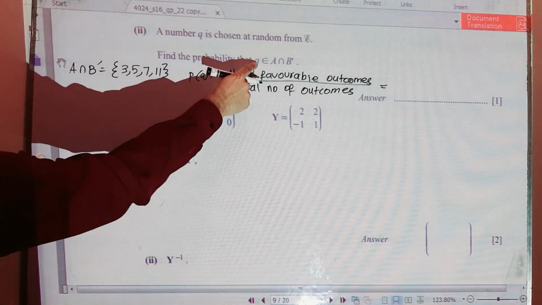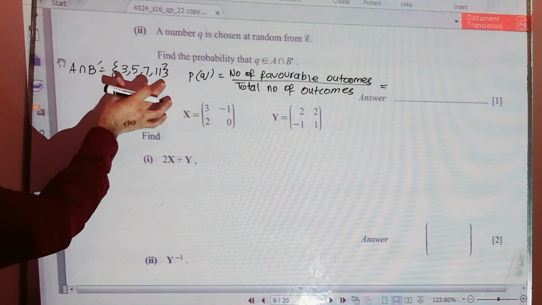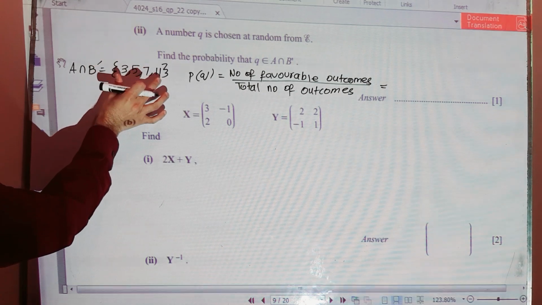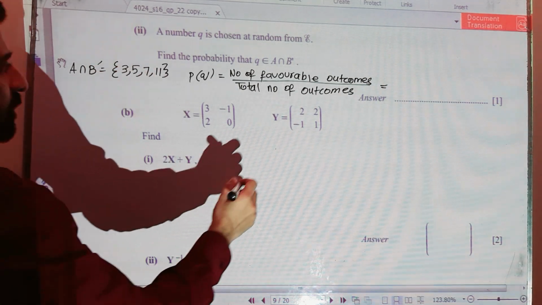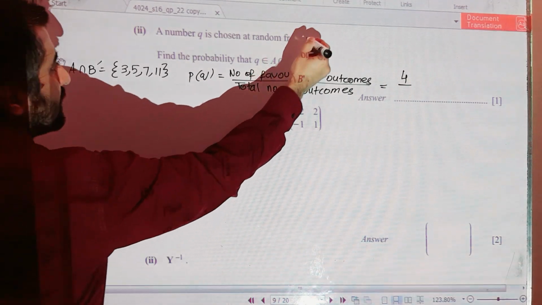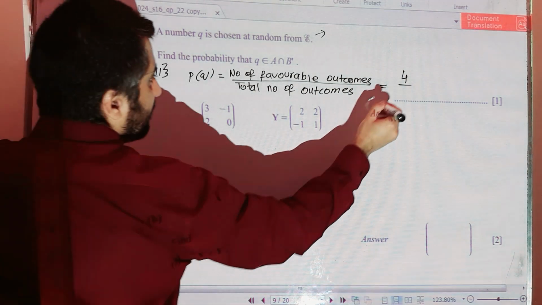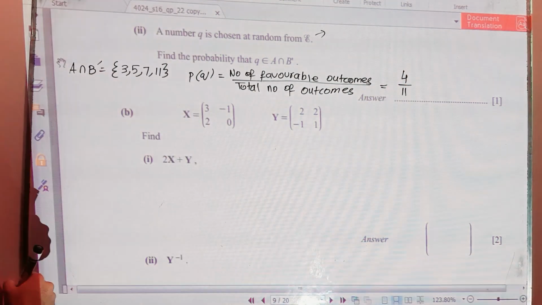That is basically Q that belongs to A intersection B complement, and they are 4 in number. So favorable outcomes are 4, while the total number of outcomes, that is the number of elements in E, is 11. If you count them, they are 11. So the answer will be 4 over 11.